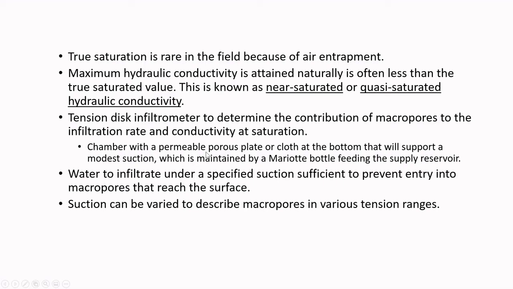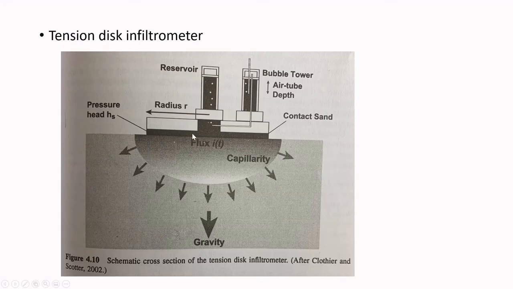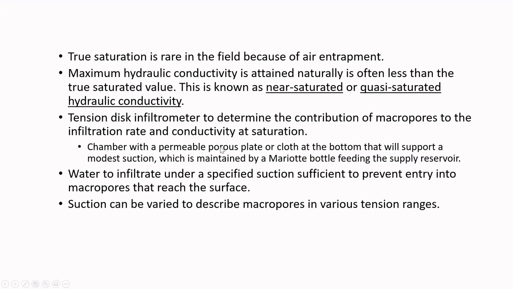It is a chamber with a permeable porous plate, or cloth, at the bottom that supports a modal suction, which is maintained by a Mariotte bottle feeding the supply reservoir.